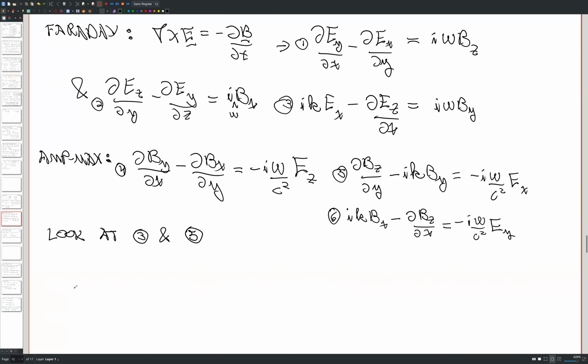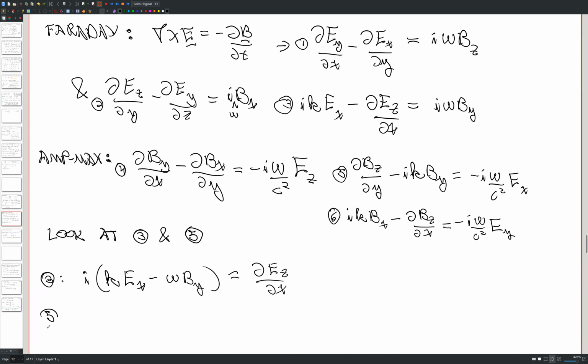Just want to show you this because maybe it's a trick that you can use in other walks of life. So what am I going to do? Equation 3 I can write as I K times EX minus omega BY, and this is now equal to dEz dx.